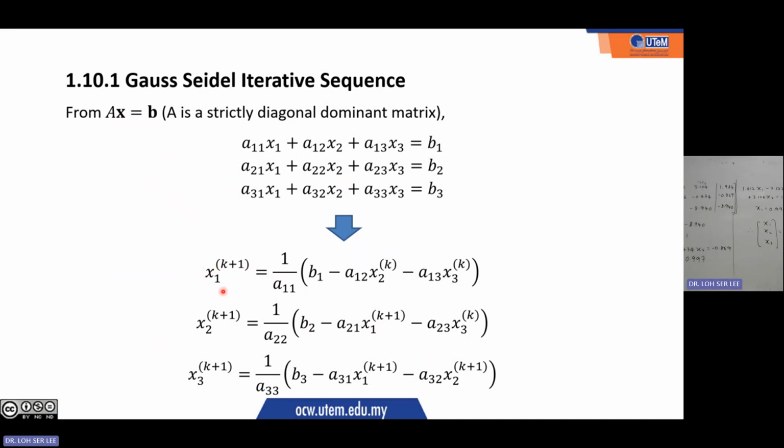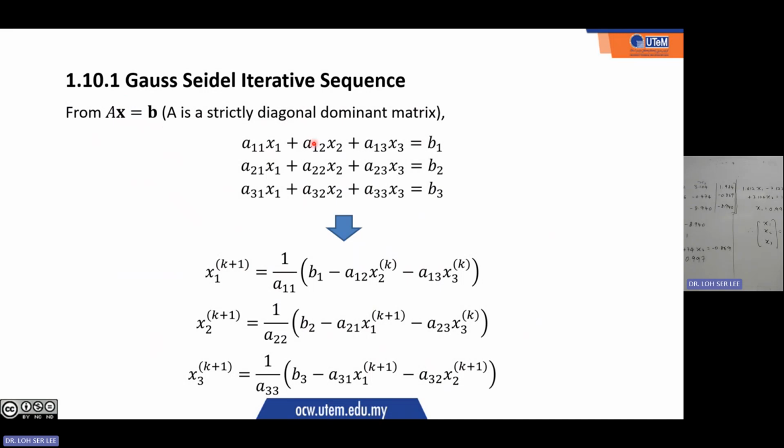You see, this is x1. We want only this x1 to stay on the left, and the rest we bring to the right. From the first row, we want only x1 on the left, so we move these two terms to the right.